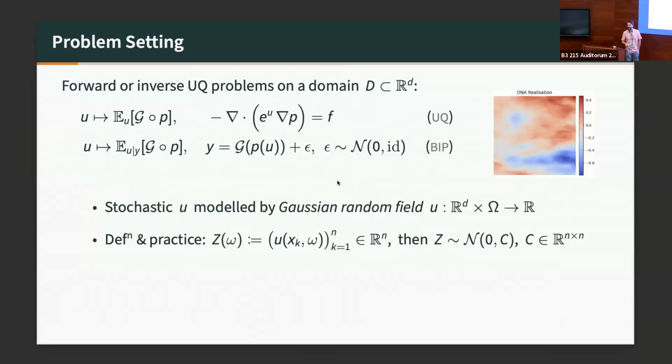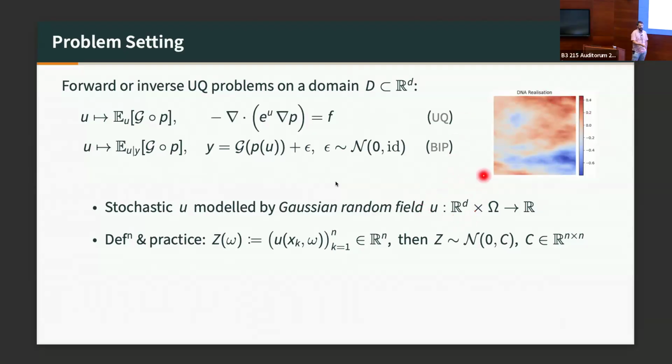So in both cases, I need lots of Gaussians, and I need them typically on a fine mesh resolution. So here I have a sample of a non-stationary Gaussian random field, which you might use to model subsurface properties or other material properties, or in environmental simulations that we just saw.